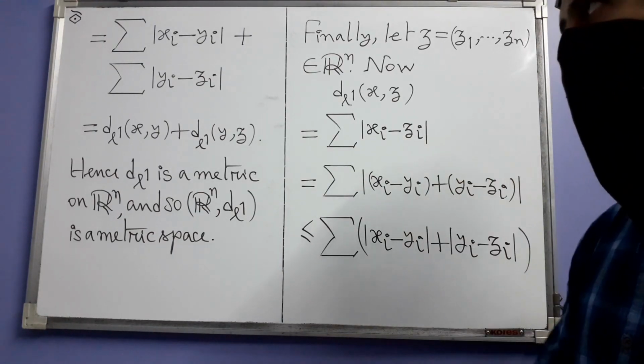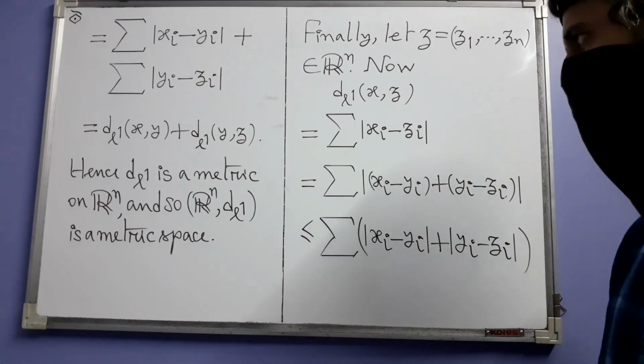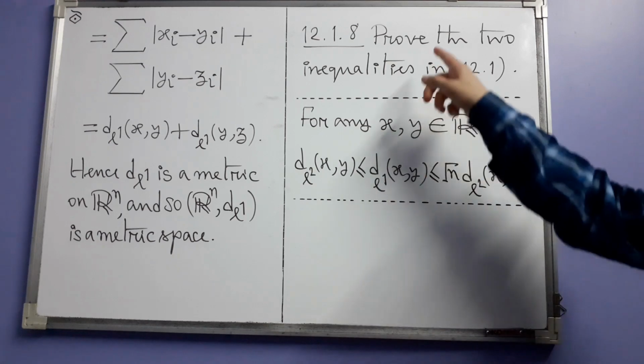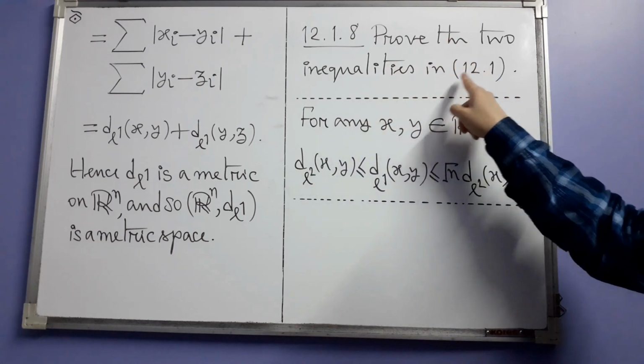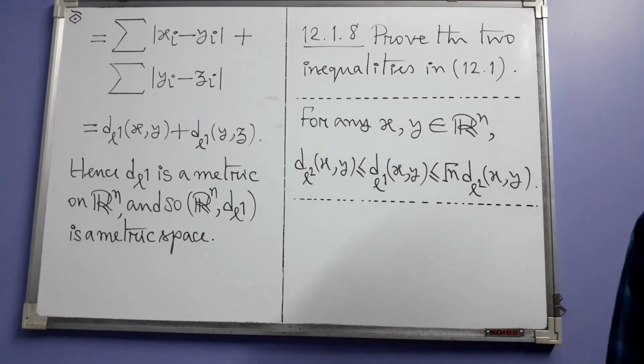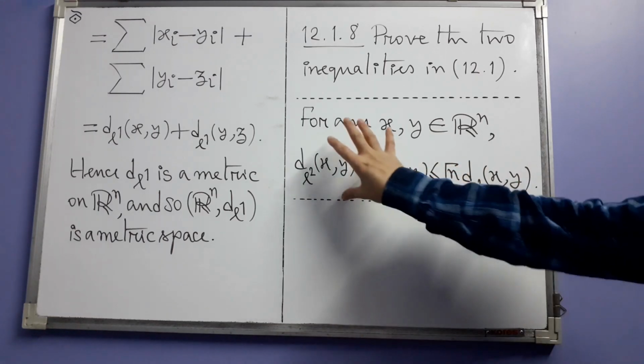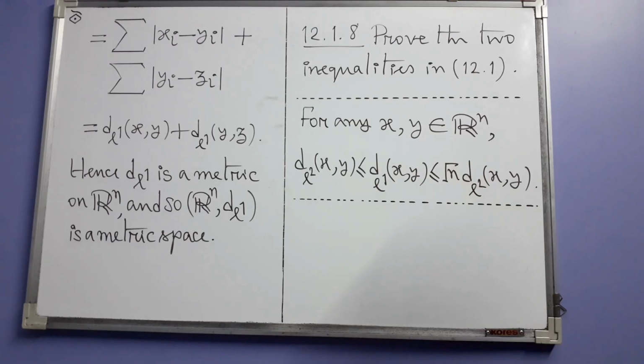Let us see another one, the next one. Next we have exercise 8, and in this one we have to prove the two inequalities in 12.1, and those two inequalities are this one and this one.